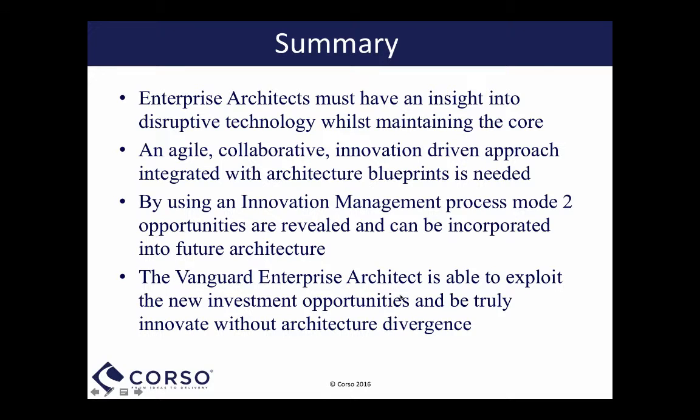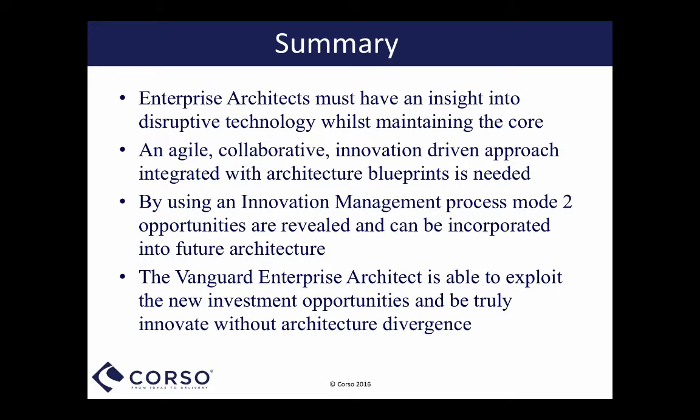So at the start of the presentation, I set out to discuss how a Vanguard architect could utilize the innovation process to get help and insight into making better Mode 2 investment decisions. The enterprise architect must have an insight into that technology. So we need to have one place and maintain the core, but also be able to harness what's out there.